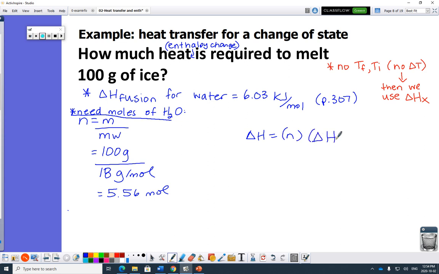You can continue and always put X if you want, or you can put what it is. So this is fusion. I'm going to keep the units through my calculations so I can show you how to cross them out. You don't have to do that, but you do have to make sure you have the right units in your answer.